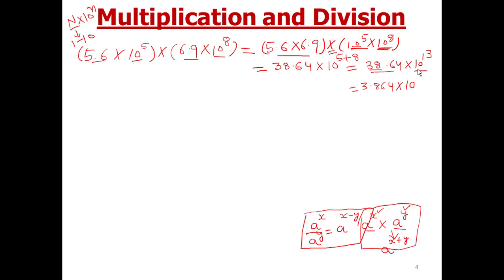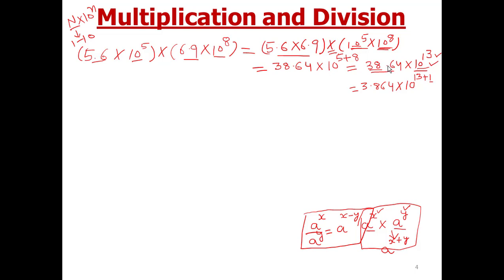Now if we already have an exponential number, as we are moving the decimal to the left-hand side, we add the number to the already existing exponent. The exponent was 13, so the number is determined by the number of places the decimal is moved.